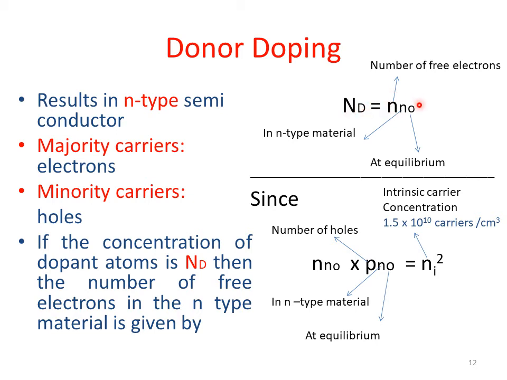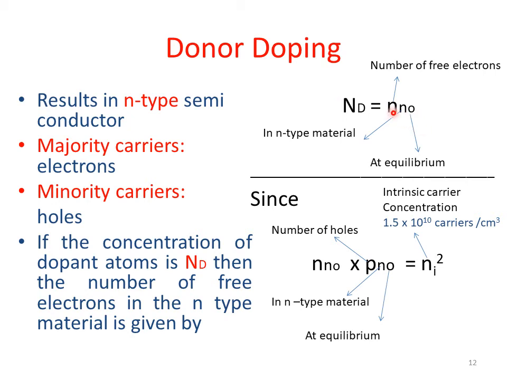And in Nn naught, this capital N represents the number of free electrons, this subscript n represents the type of the material, and this naught represents the behavior at equilibrium. So what we see is that the number of the pentavalent elements will be equivalent to the number of free electrons in the n material at equilibrium. Equilibrium पे जितने एटम्स आप डालेंगे उतने फ्री इलेक्ट्रॉन जनरेट हो जाएंगे.